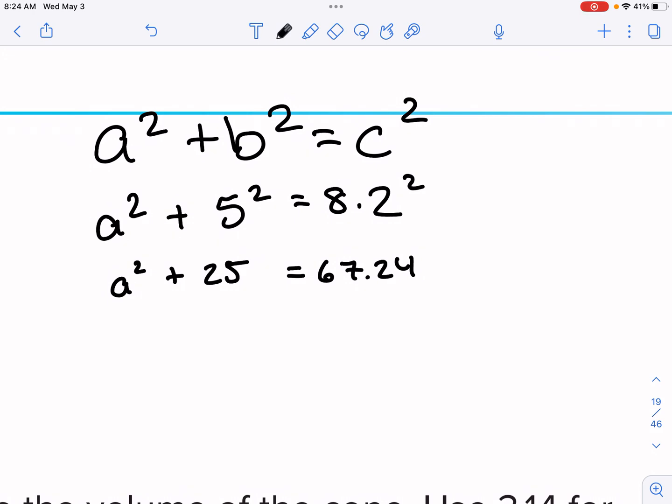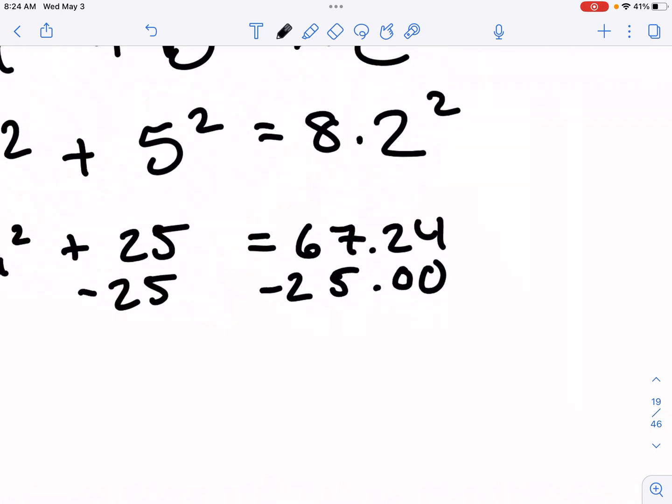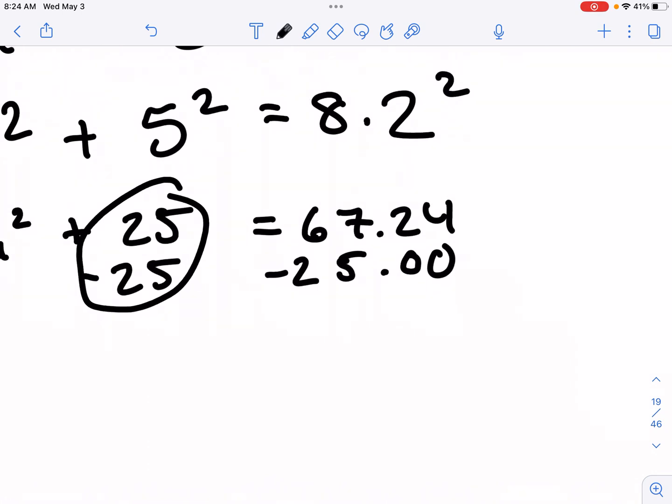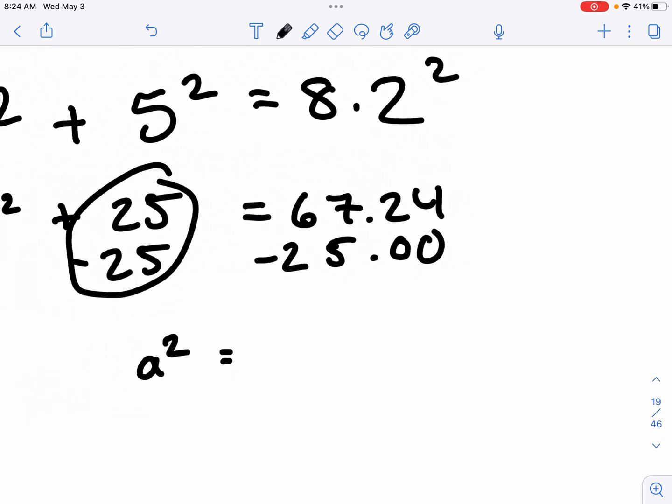To solve for a, we're going to subtract 25 from both sides. I'm going to put 25 right here because we're going to line up the decimal, and the decimal is at the end of the 25 if you don't see it. 24 hundredths minus 0 is still 24 hundredths. 7 minus 5 is 2, and 6 minus 2 is 4.